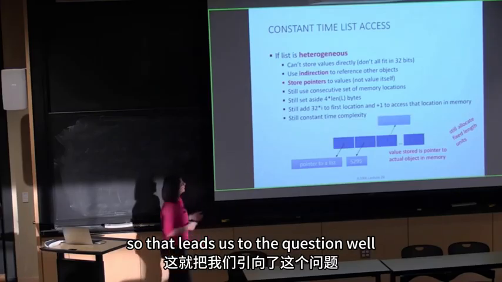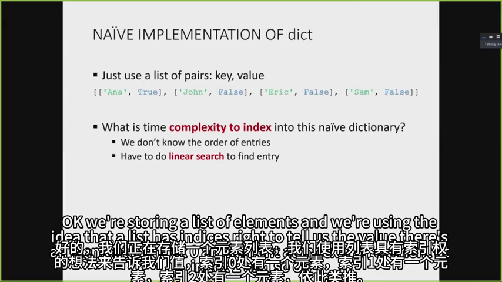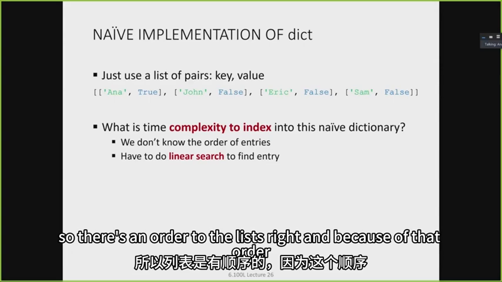So that leads us to the question, well, okay, we're storing a list of elements, and we're using the idea that a list has indices to tell us the value. There's an element at index 0, an element at index 1, an element at index 2, and so on. So there's an order to the lists.